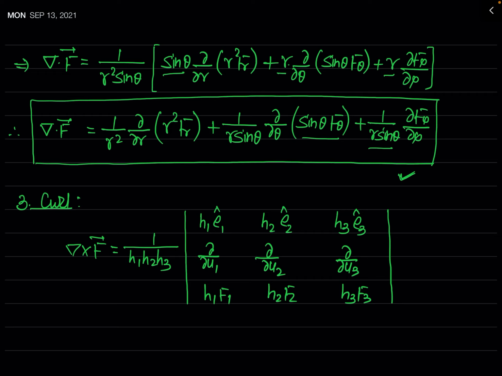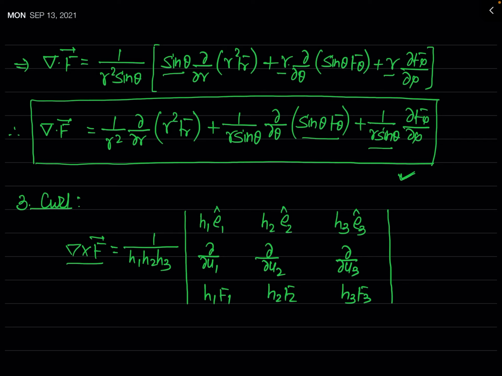Now we will see the expression for another very important operation, that is called the curl operation in vector analysis. You know the general definition of the curl of a vector function f in an orthogonal curvilinear coordinate system.